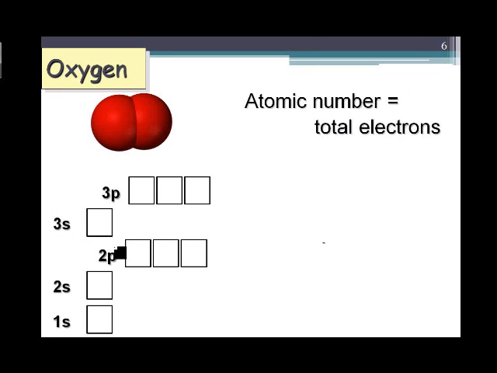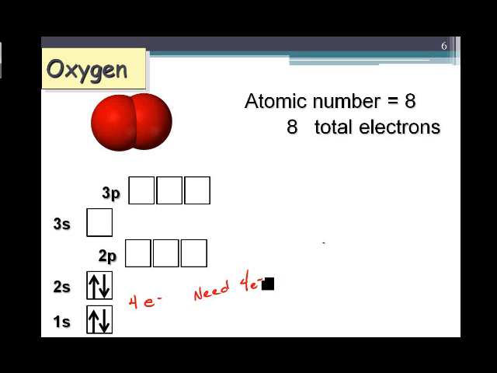Let's look at oxygen. Oxygen's atomic number is 8, and therefore we have 8 total electrons. If we begin placing them, we'll put 1 up and 1 down in the 1s. We'll put 1 up and 1 down in 2s. So we've placed 4 electrons already. We still need 4 electrons.